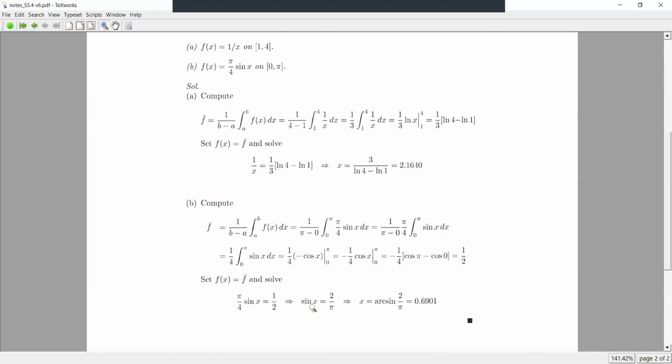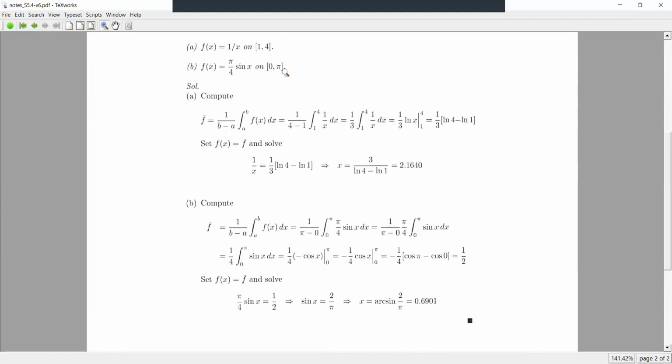Now to find x, take inverse sine on both sides. Okay, so x is arcsine of 2 over pi. Arcsine is inverse sine. By calculator, arcsine of 2 over pi is 0.6901. This point clearly is between 0 and pi.